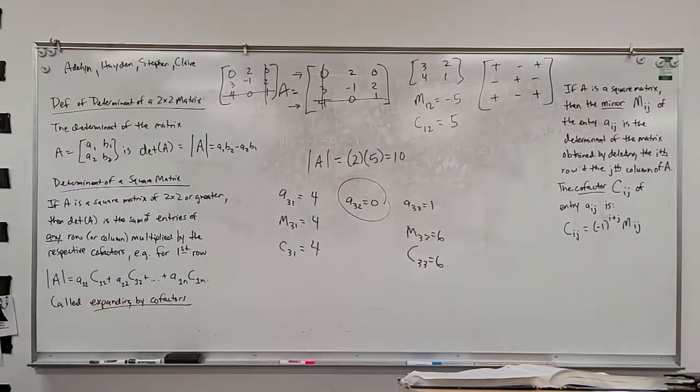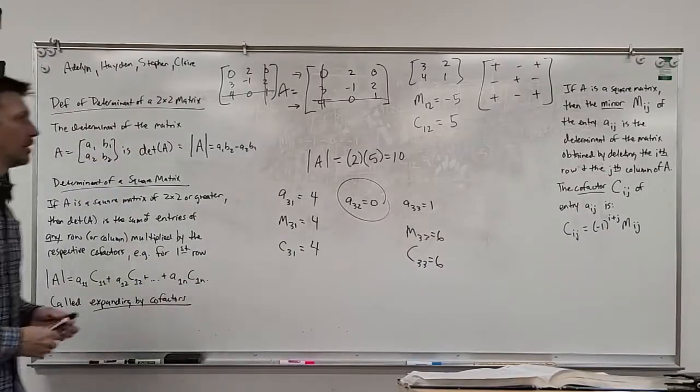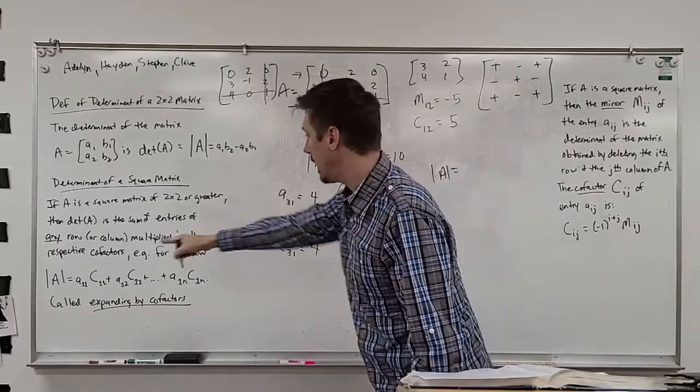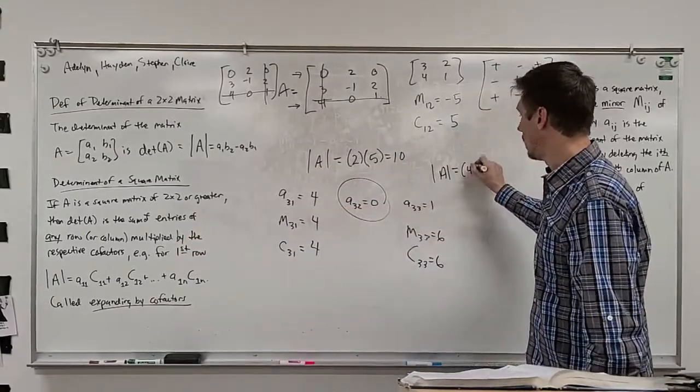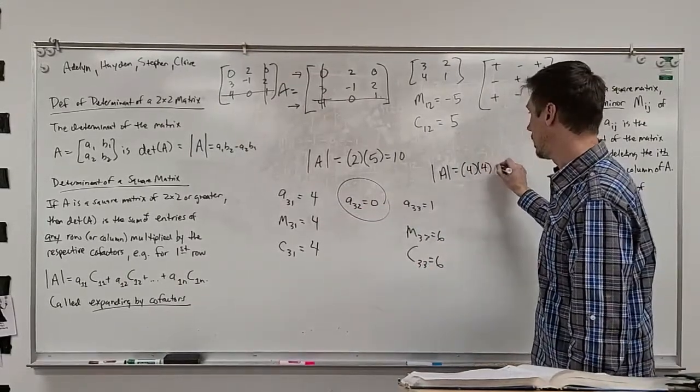All right, did I lose anybody on finding the minor and the cofactor? No. And then when we take each of these, you use this formula here, and we say A is equal to A11, or in our case A31, which is 4, times C11, which is 4, right?